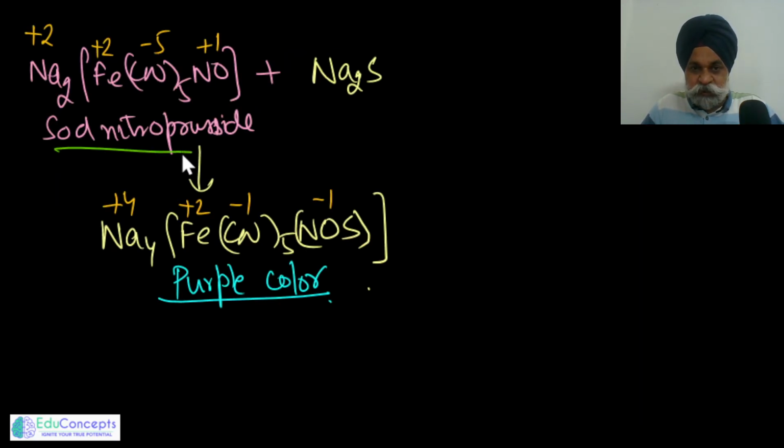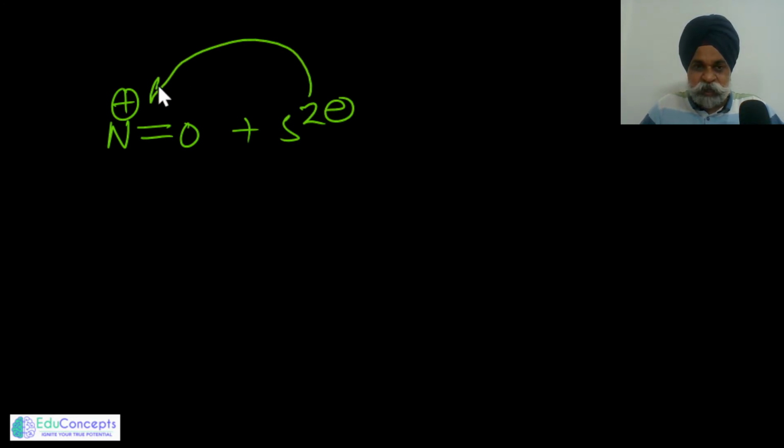So this is sodium nitroprusside, which when treated with sodium sulfide gives you this thing. And as a matter of fact, as I have already explained somewhere, this is the anion, and if you treat it with sulfide ion, you would get a species of this nature.